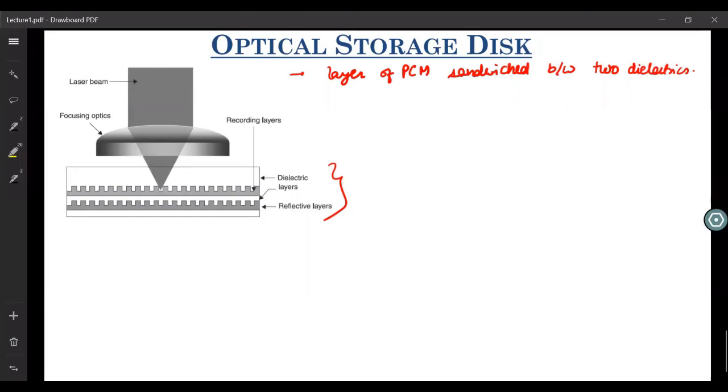On the figure on the left, we have these two dielectric layers, and in between them we have the PCM material, which is the recording layer. So this is the recording layer, as has already been pointed out.